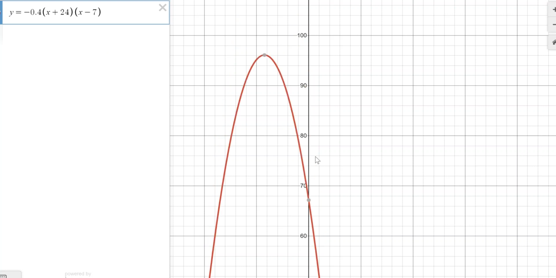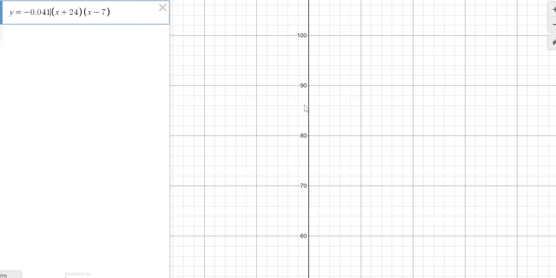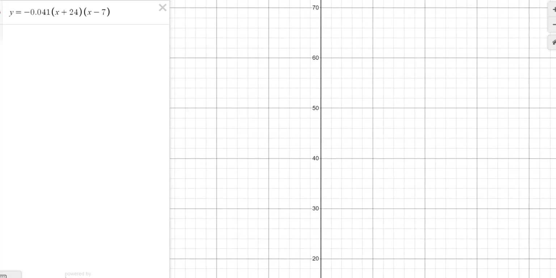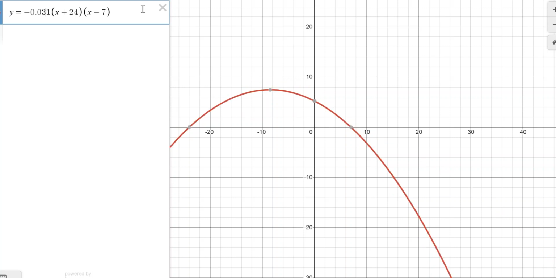Well, if we've got 0.041, right, so it crosses the posts, that point there, 0.688, it's definitely above the post. Well, how far can we go?